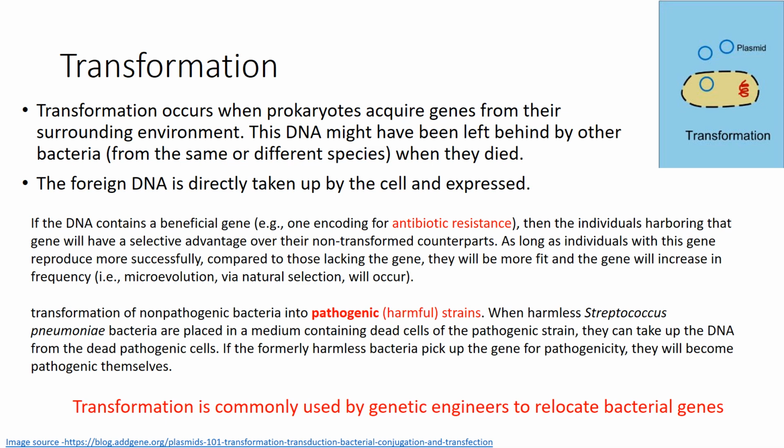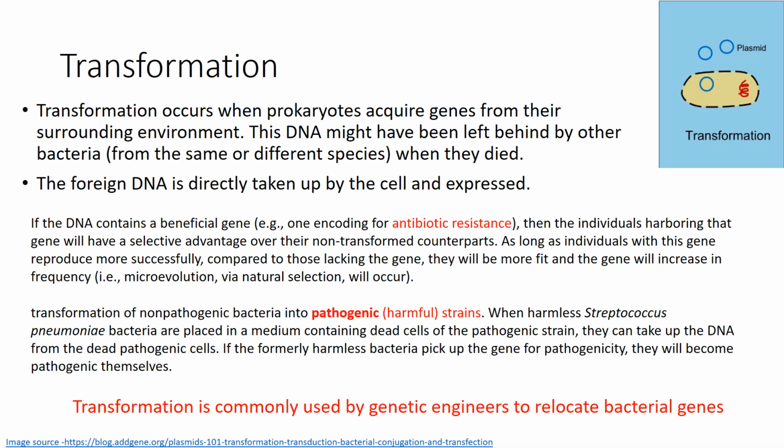For example, Streptococcus pneumoniae, if they are placed in a medium where you have dead cells of a pathogenic strain, these Streptococcus pneumoniae can take up the DNA from the dead pathogenic cells and they can become pathogenic. So this would be a disadvantage to us, right? In general, it would be a disadvantage that the non-pathogenic strain converts into a pathogenic strain. So these are two very well-known examples of what happens in transformation in nature.